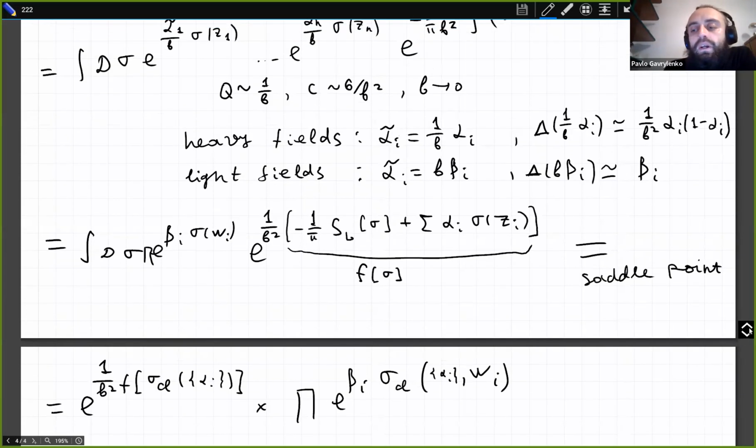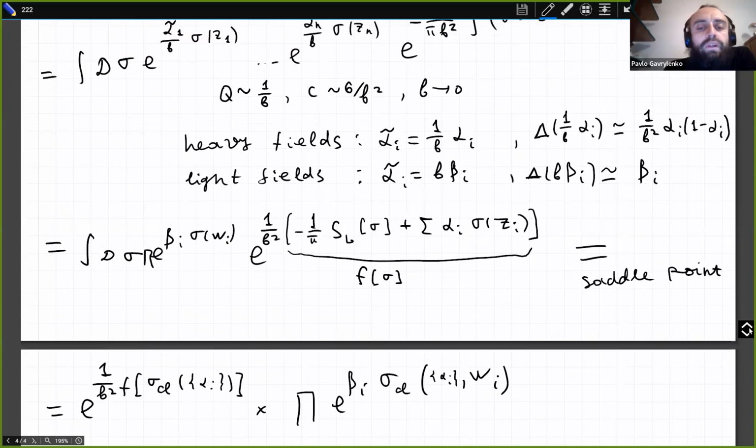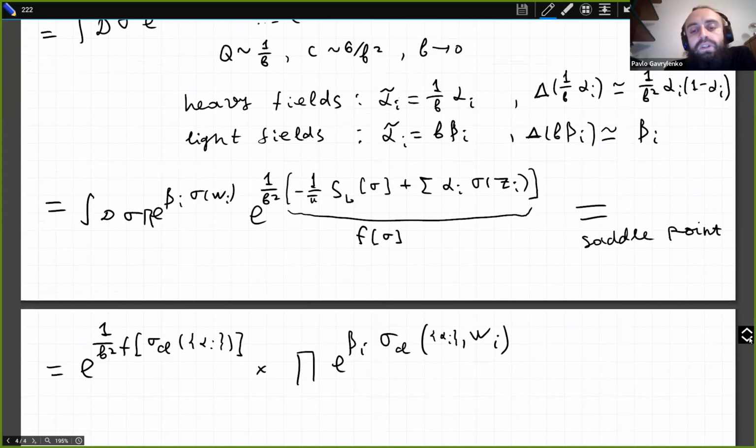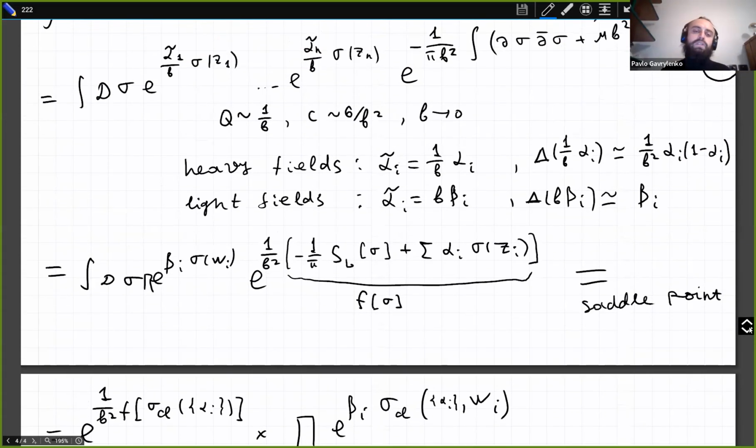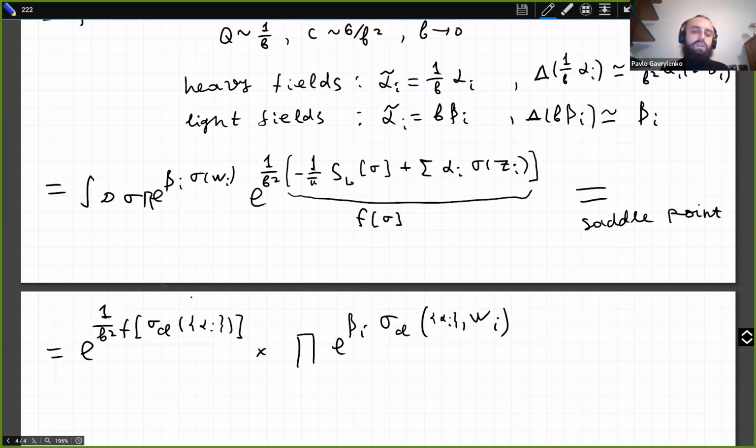I have heavy fields which affect saddle point equation and give this prefactor which equals the action on the saddle point.